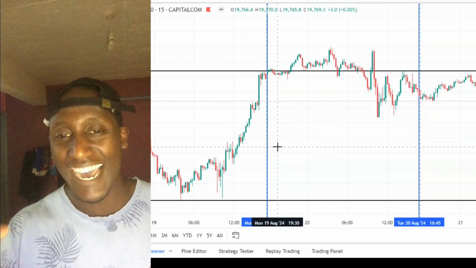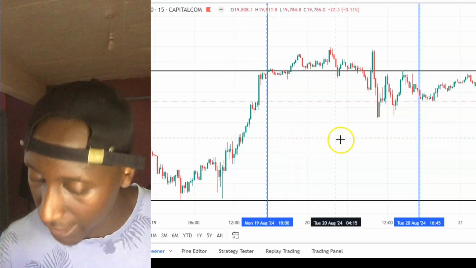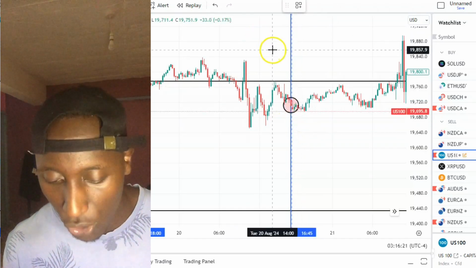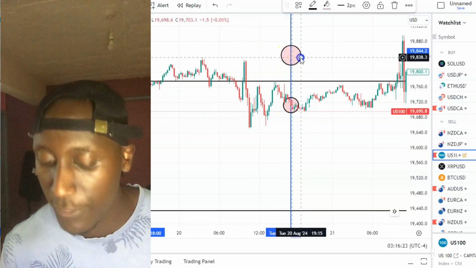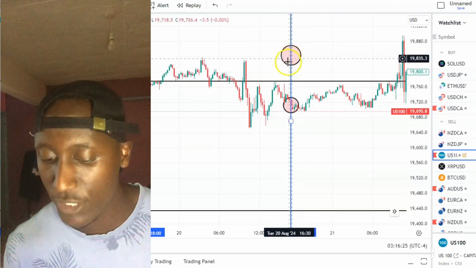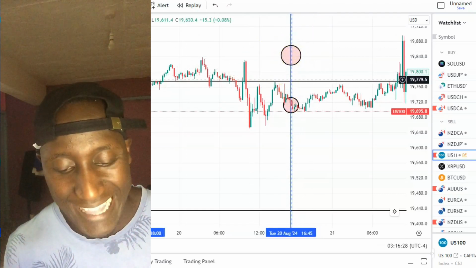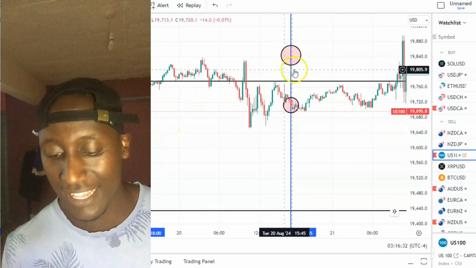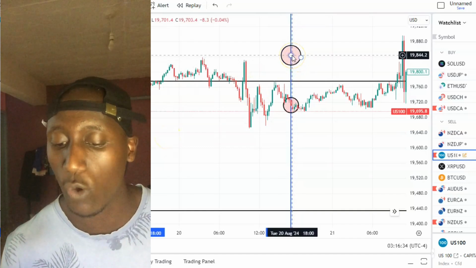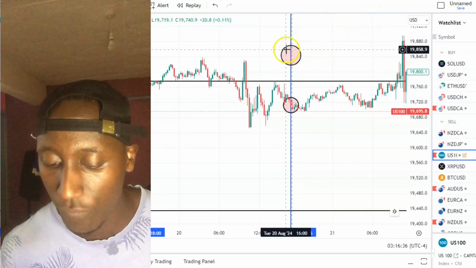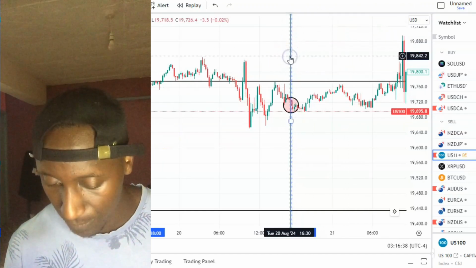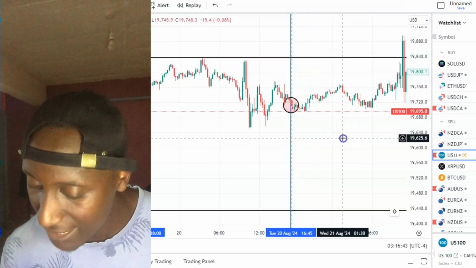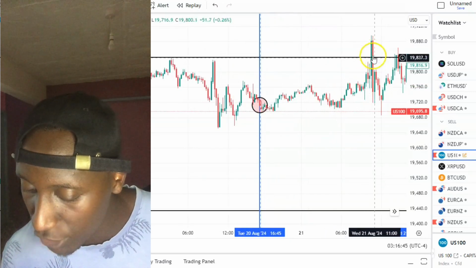So this is a reversal signal for the next day. This is where it closed. If the closing price was outside of the high and the low, or outside of the consolidation, then that meant that price would continue in the direction of the breakout. Which means that now we have a new high, but the next day we are looking for an opportunity to sell.